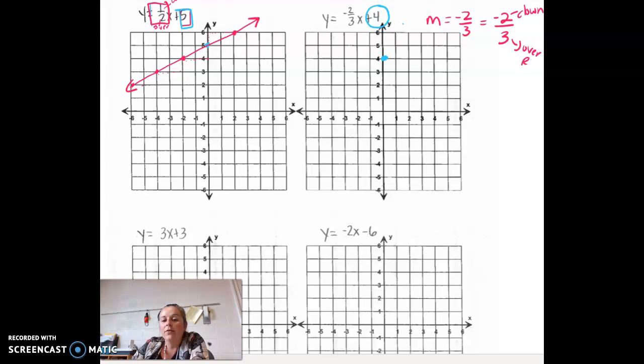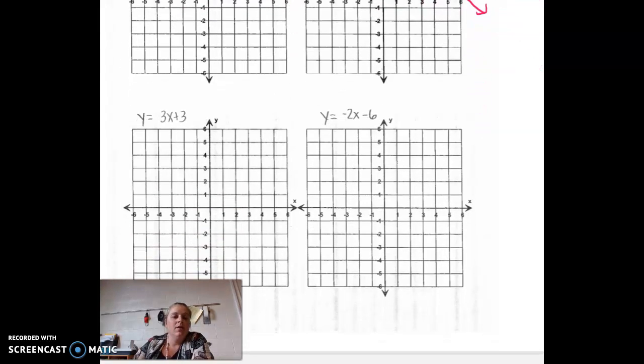And we're going to go right 3. So I'm going to go down 2. 1, 2, 3. Down 2. And then over 3. Put a dot. It's literally telling you the direction. And when you graph this, this line is actually going down, which is what we wanted. Our slope should be decreasing.